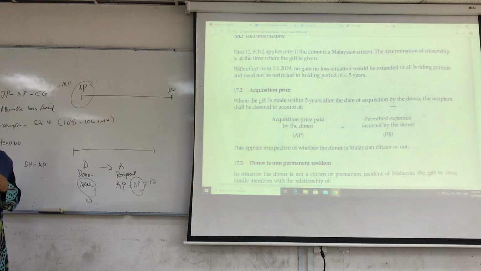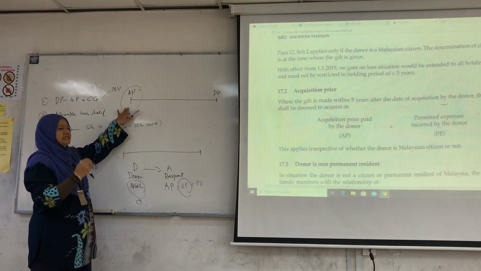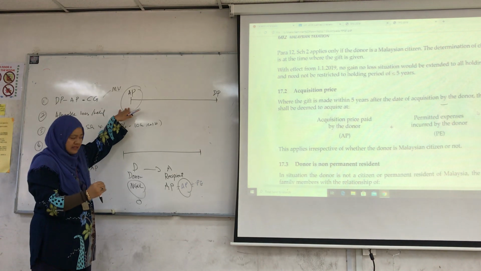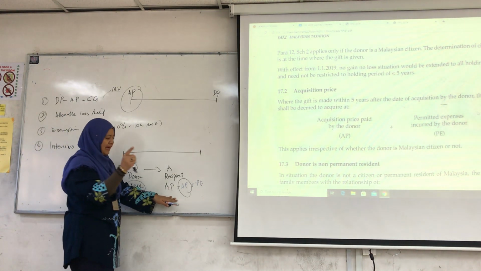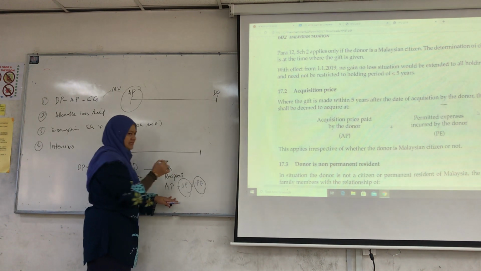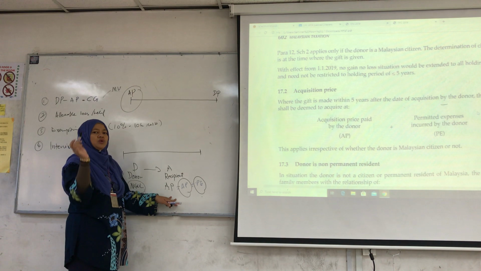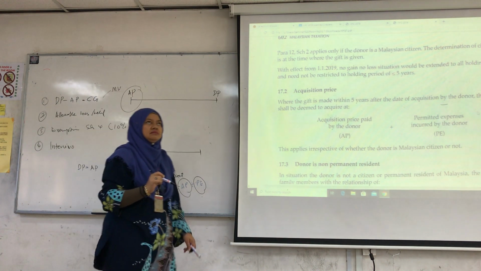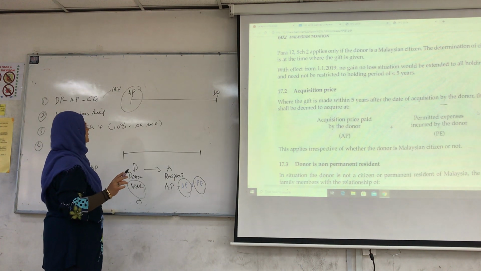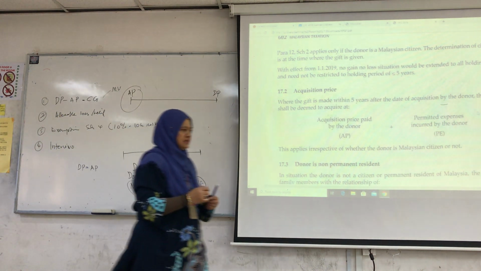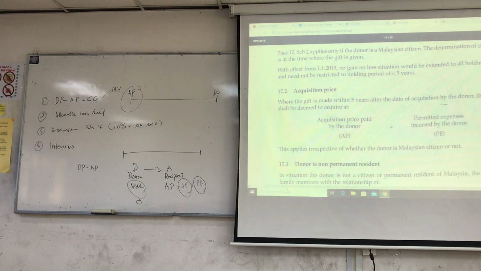So whatever contribution paid by the donor, incidental cost incurred by the donor, minus any capital received by the donor, will be the AP of the recipient plus permitted expenses. So what are the permitted expenses? If we go back to the disposal price, what is your disposal price? Let's look, as a recap, where is your disposal price?